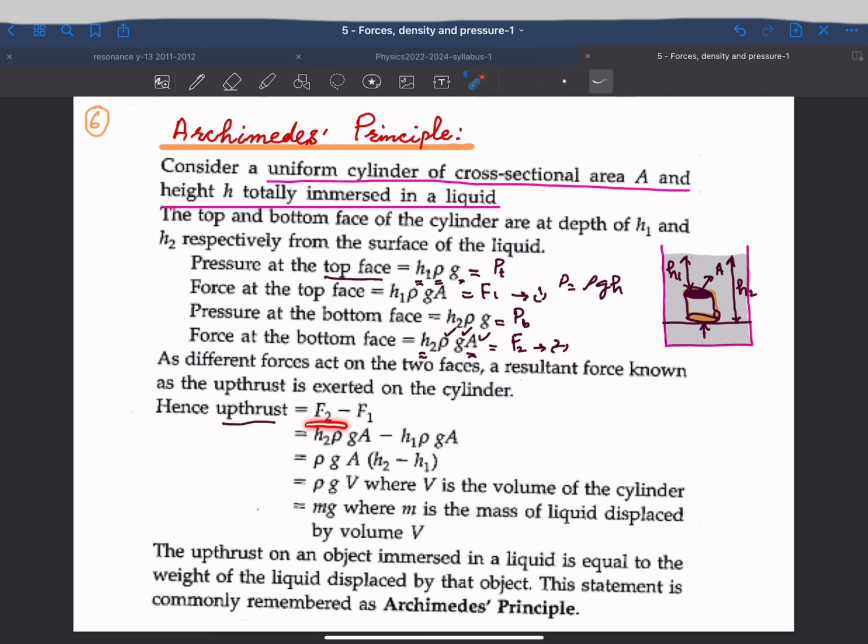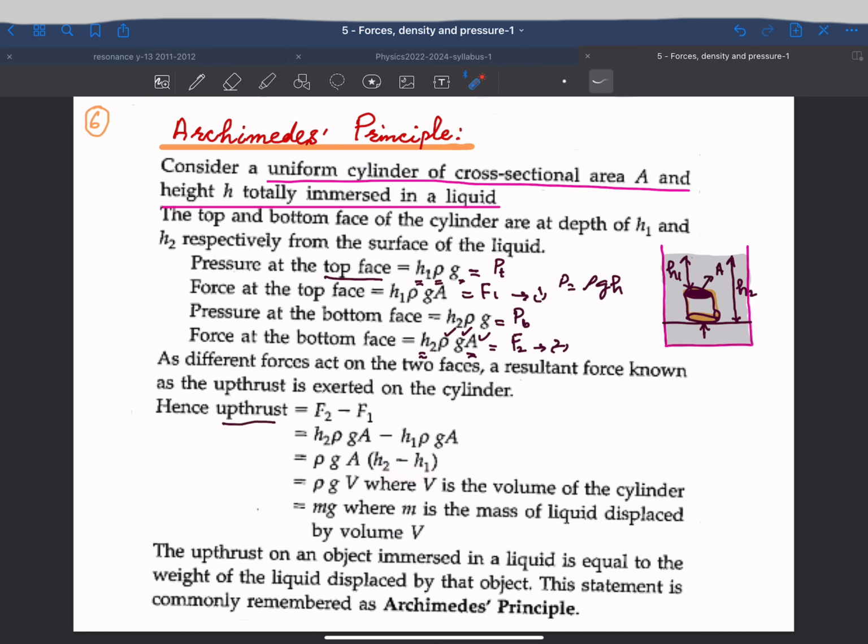F2 minus F1 will give you that particular force, which is the upward force. When you use these two equations, here you have H2 rho GA, H1 rho GA, and rho GA is constant. So H2 minus H1. What is H2 minus H1?